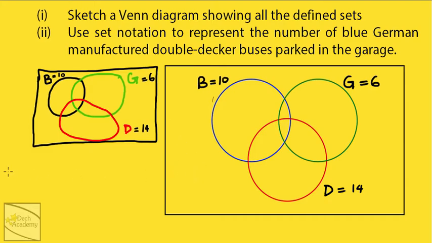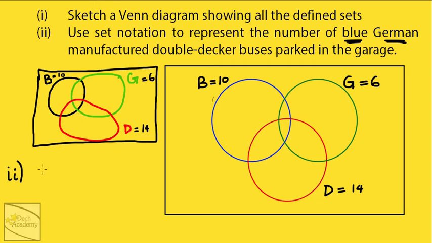Now what about question 2? Question 2 asks for the use of set notation to represent the number of blue German manufactured double-decker buses parked in a garage. So we want to represent the number of buses that are both blue and German, buses that fall into this region.